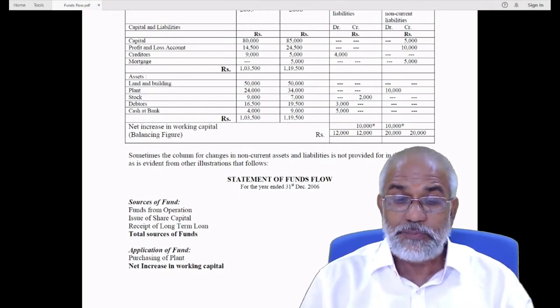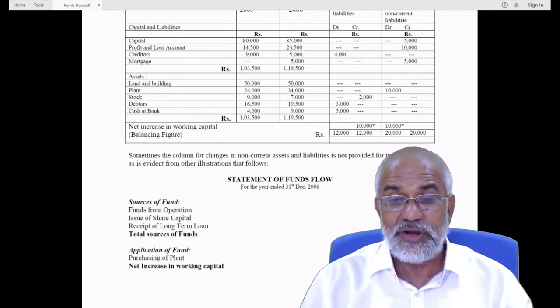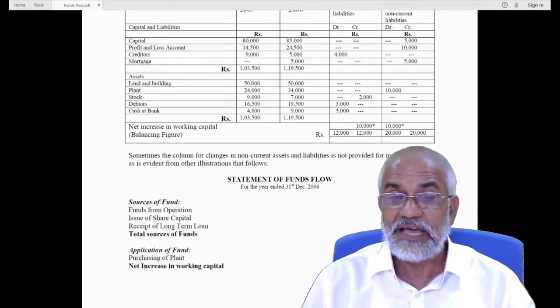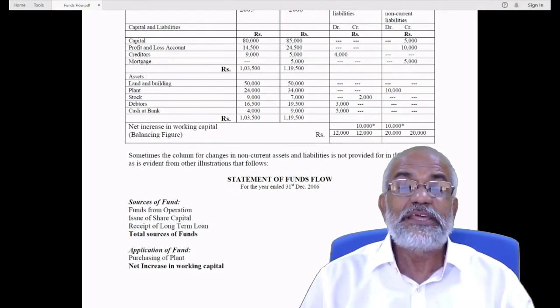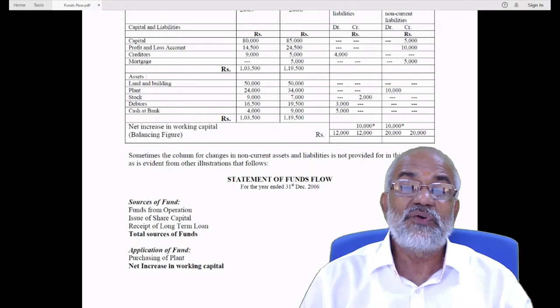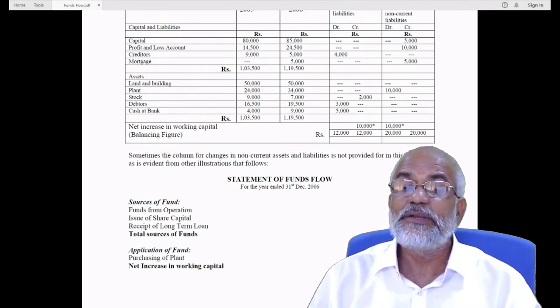So the actual purchase of plant and machinery has to be considered as 12,400. So the application of funds would be 12,400 on account of purchase of plant and machinery, and net increase in working capital would be 10,000.